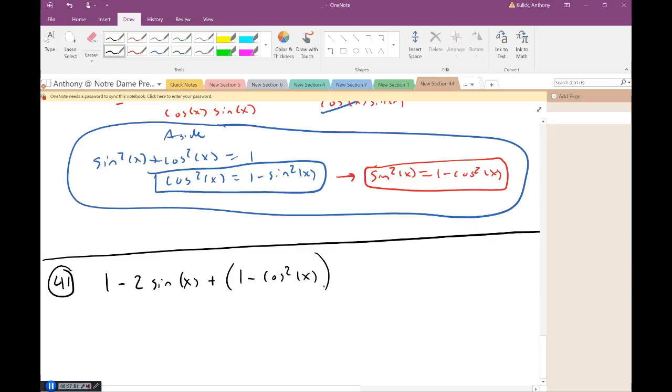So for 41, they were very nice and put this extra set of parentheses here that really there's no real reason that these need to be written, but they were trying to get your attention. So what can we use here? Yeah, I can say that 1 minus cosine squared is sine squared, right?